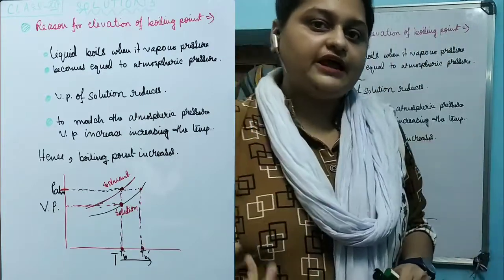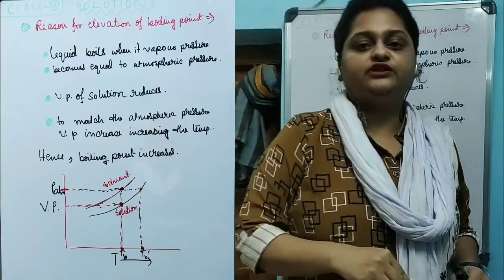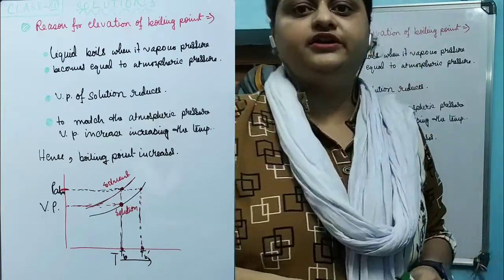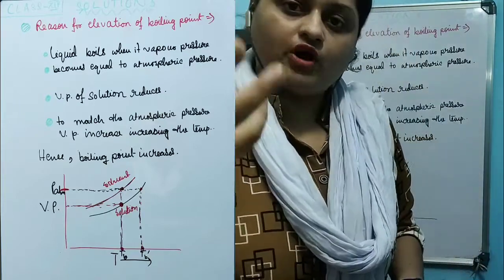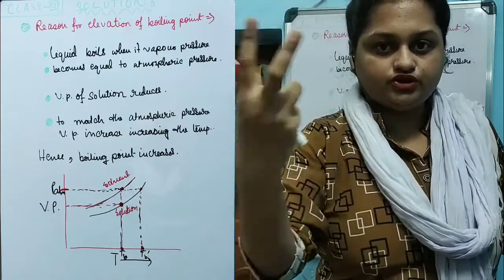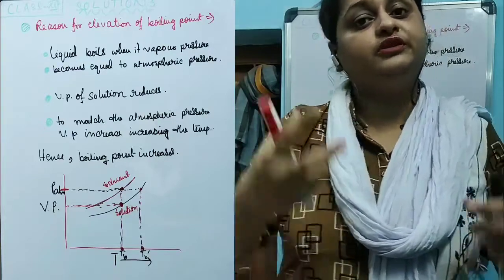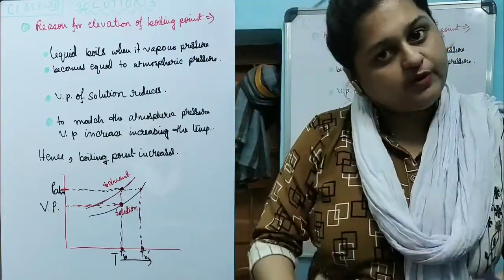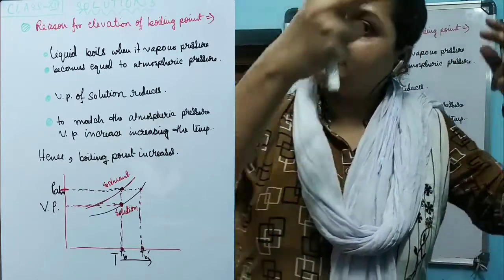The amount of vapor produced from a solution of water at 100 degrees Celsius will be comparatively less than that from pure water. So the vapor pressure of the solution at 100 degrees will be less compared to pure water.